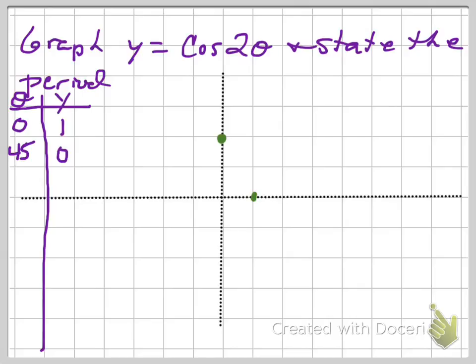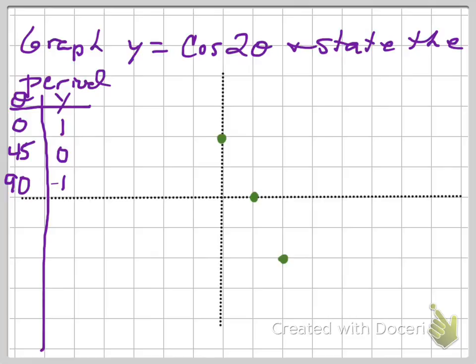That's all we're doing. Now we move another 45 degrees to 90. Multiply it by 2. It's 180. And the cosine of 180 degrees is -1.